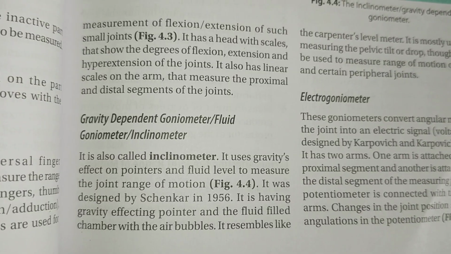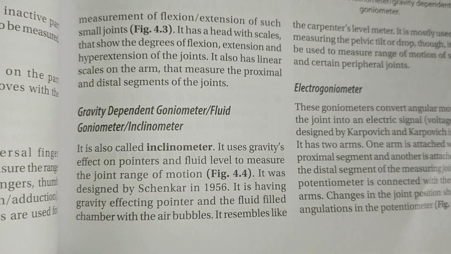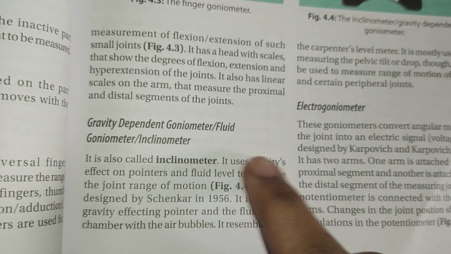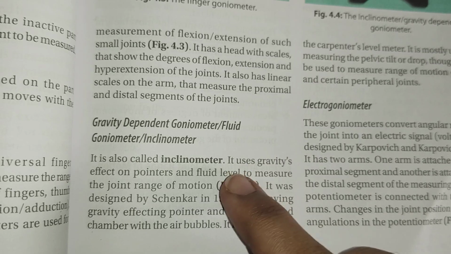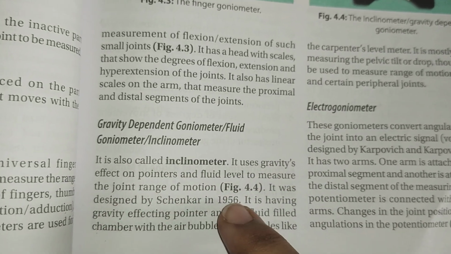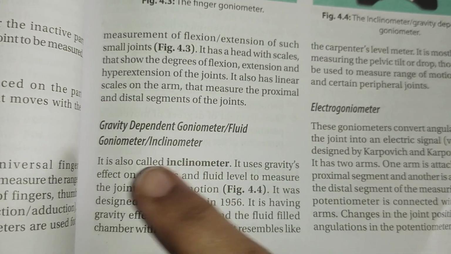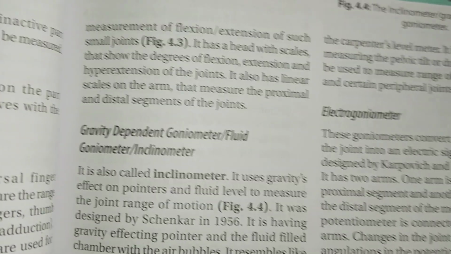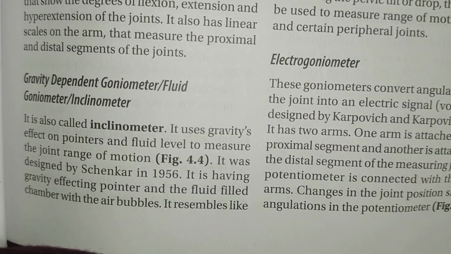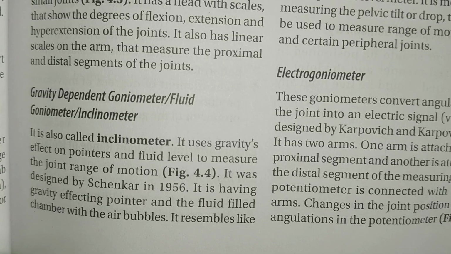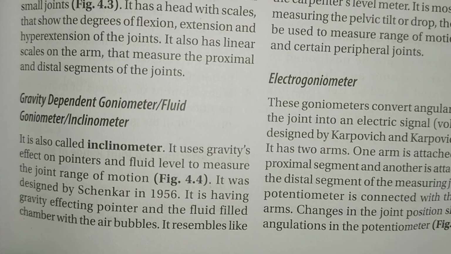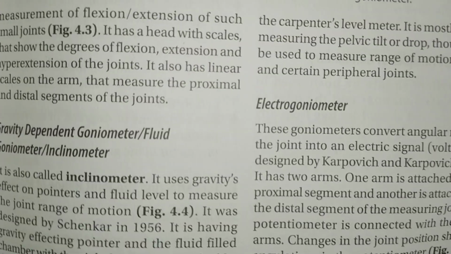It uses gravity's effect on pointers and fluid level to measure the joint range of motion. It was designed by Hencker in 1956.